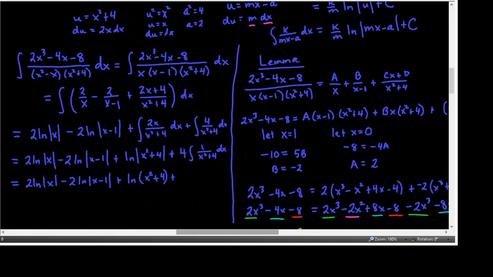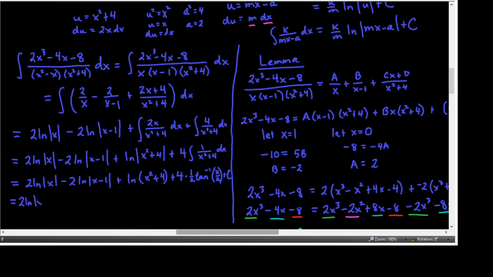And so what we get is the 4 that's out front times 1 over a, arctangent or inverse tangent of u, which is x, over a, which is 2, plus c. Almost didn't get that squeezed in.